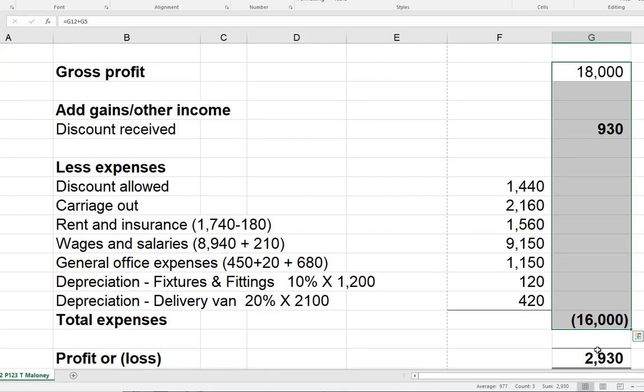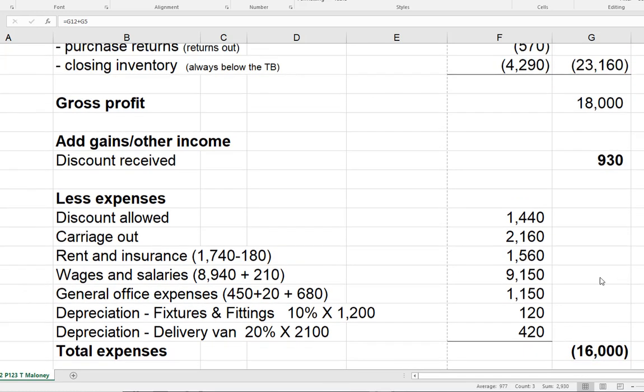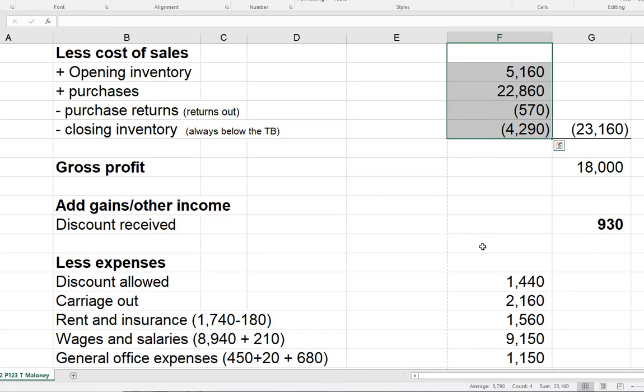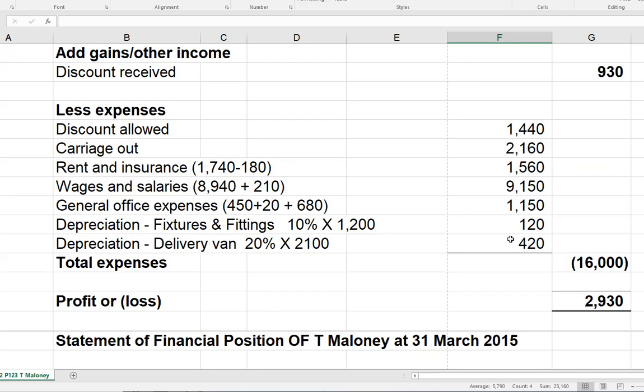And that is the end of the profit or loss account. And your profit or loss is your sales minus your cost of sales plus any income less any expenses, and you end up with a profit.